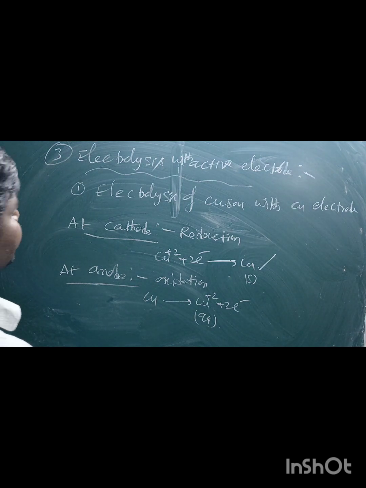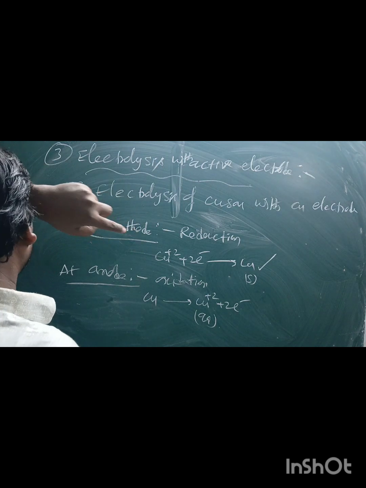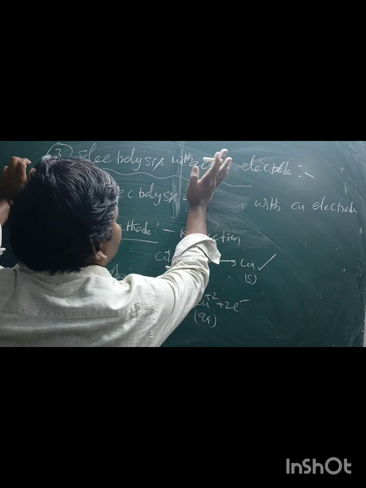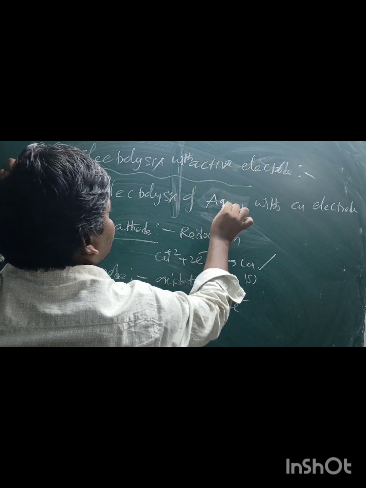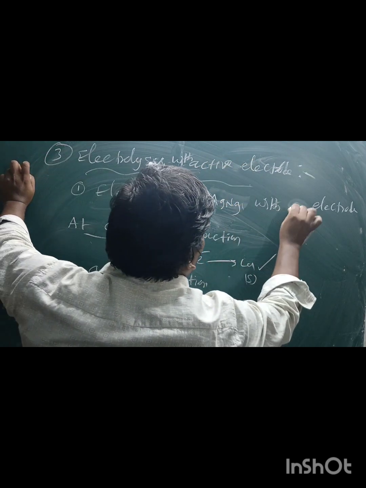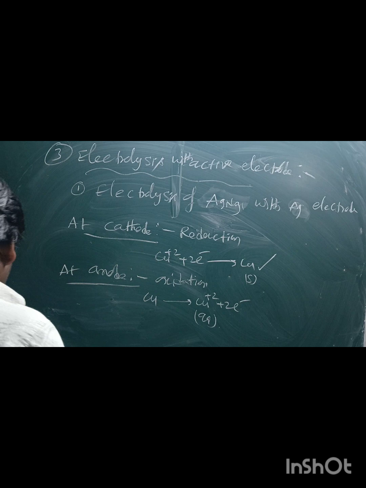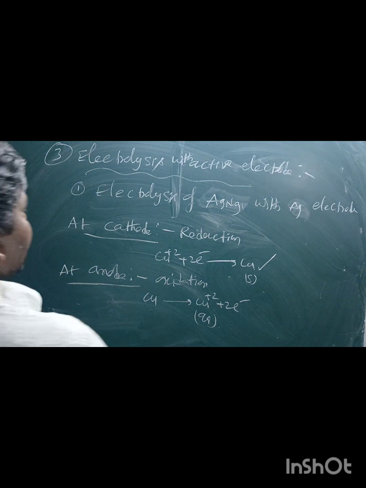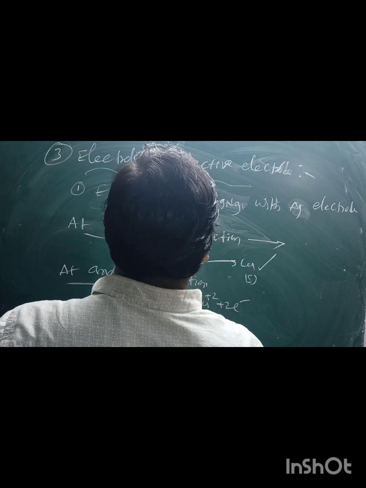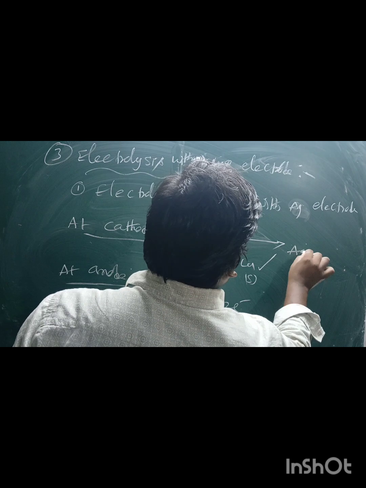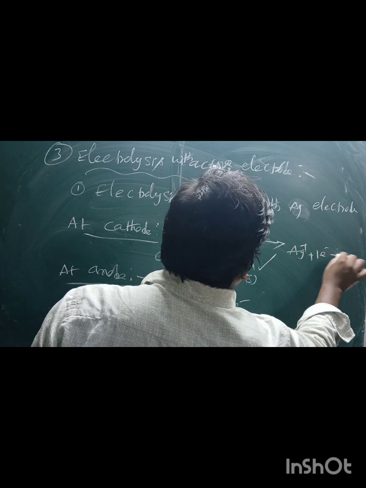Like that, electrolysis of silver nitrate with silver electrode, now I am taking. Now what happens, sir? At the cathode, Ag+ gains an electron to form Ag.